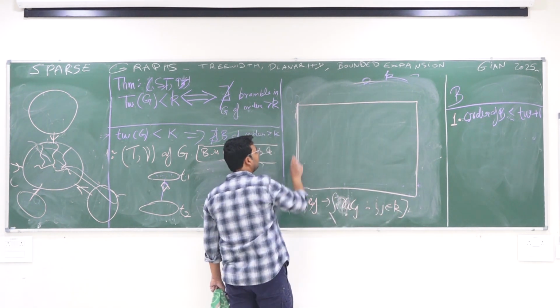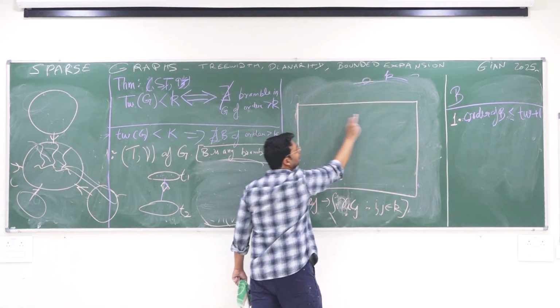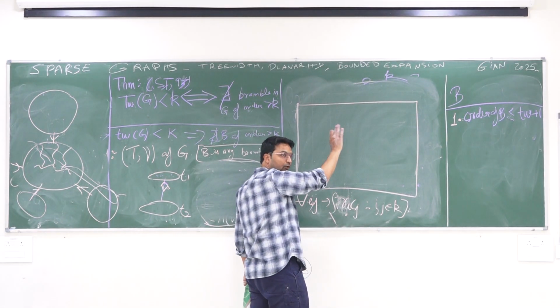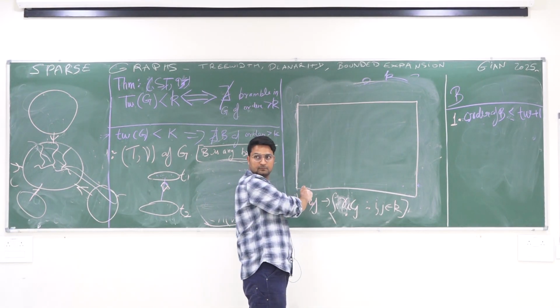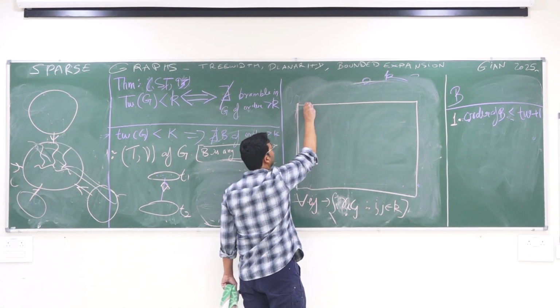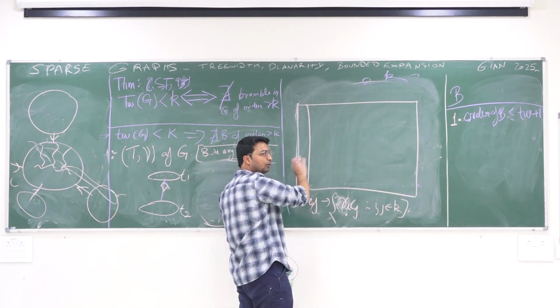So you take column 1, row 1, column 1, row 2, column 1, row 3, all of them. Then you do the same for column 2. So you take column 2, row 1, column 2, row 2, and all of them.